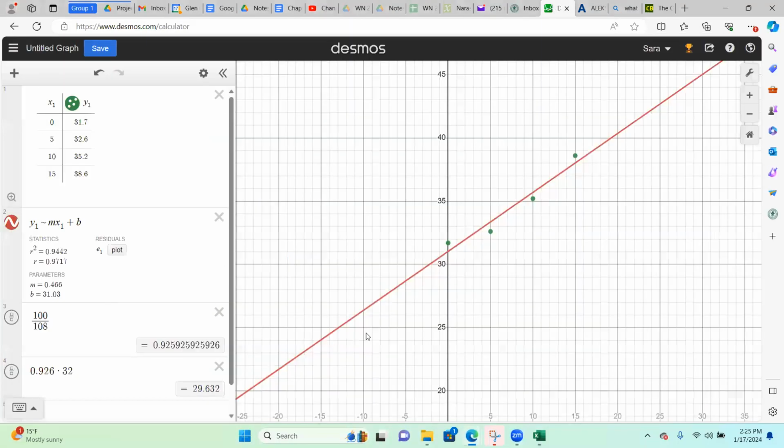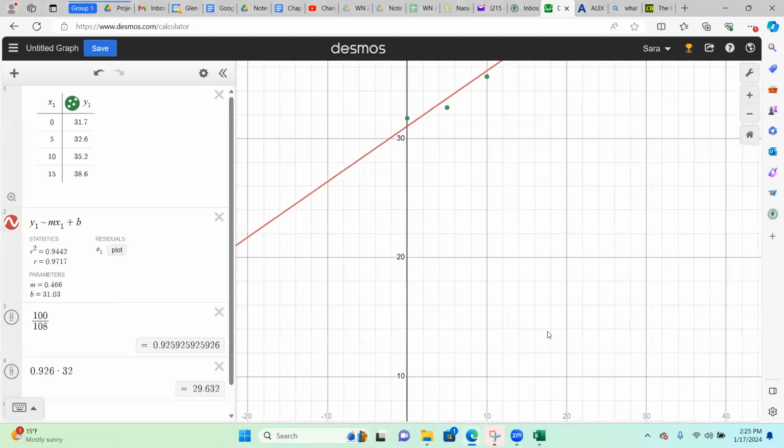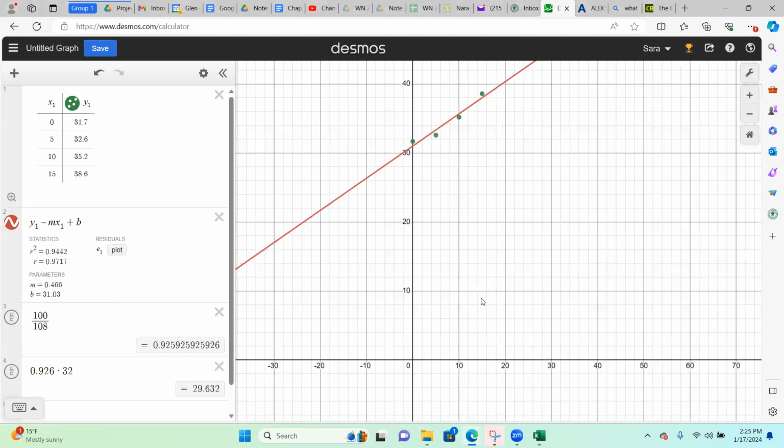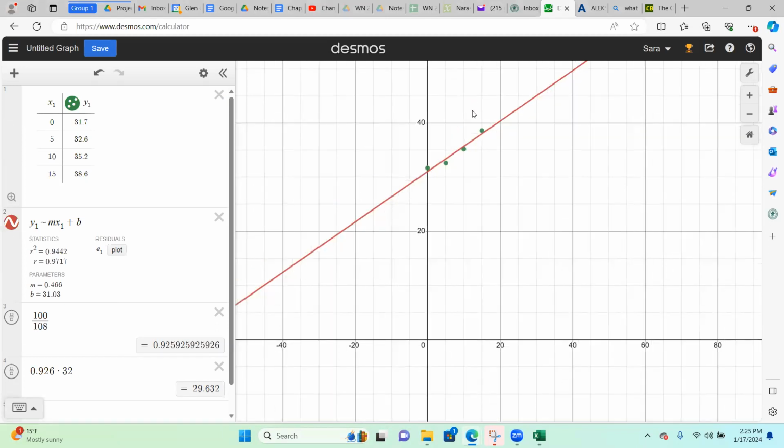So using my model, I can actually go on my graph here and scroll to where I get to 18. And so it looks like 39.418.